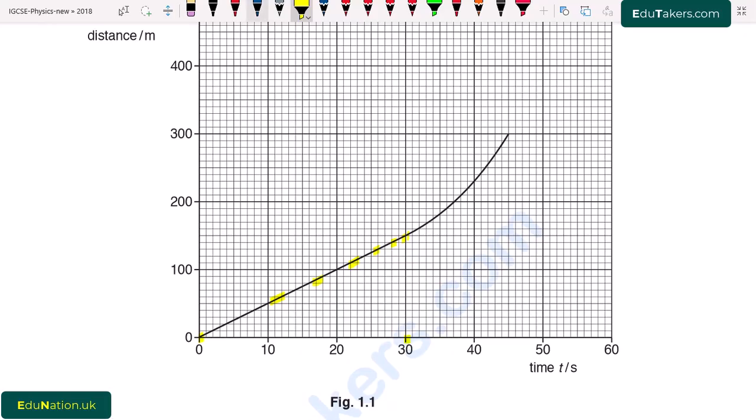So in this region, speed is uniform, and we know that acceleration is equal to change in speed over change in time. So when the speed is uniform, it means that acceleration is equal to 0.